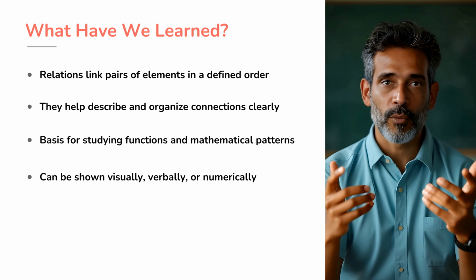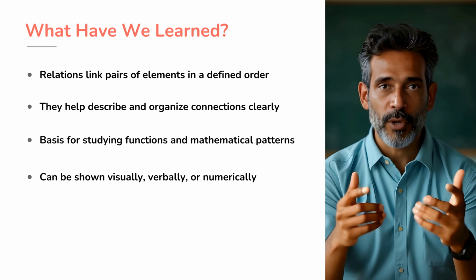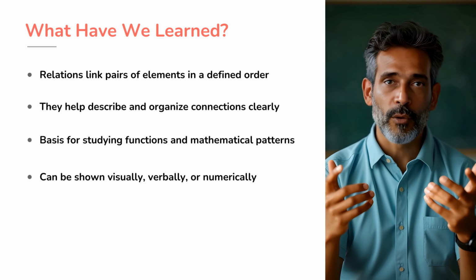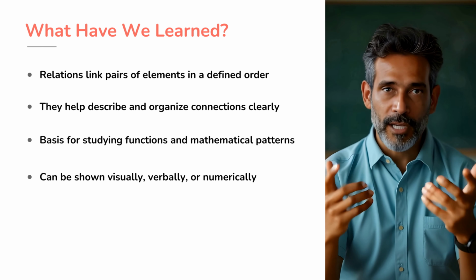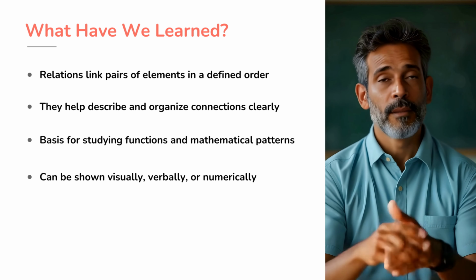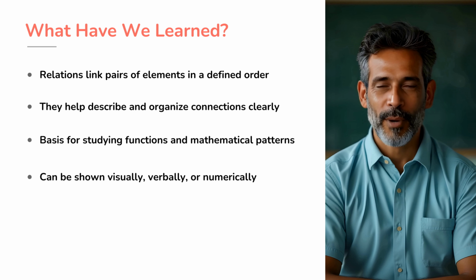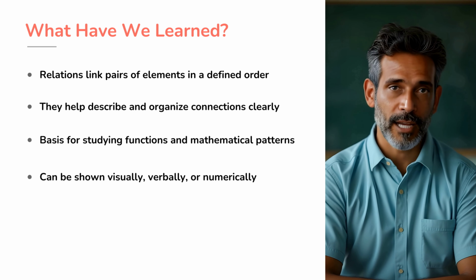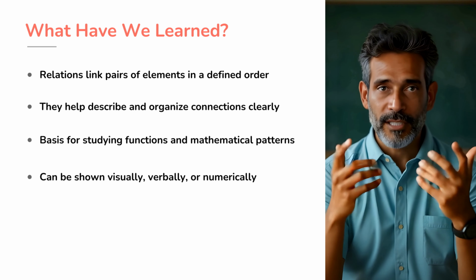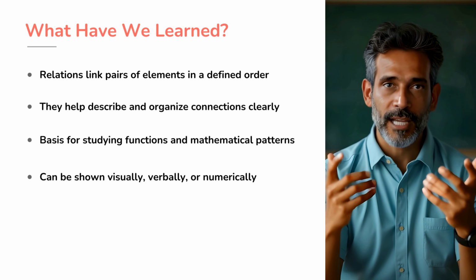And remember, relations can be shown in different ways, visually with diagrams, verbally in words, or numerically using pairs and tables. In our upcoming lessons, we'll dive deeper into ordered pairs, Cartesian products, and learn how to define relations step by step. Stay curious.